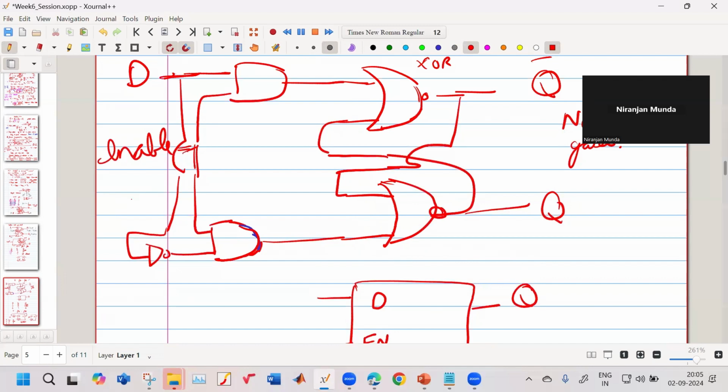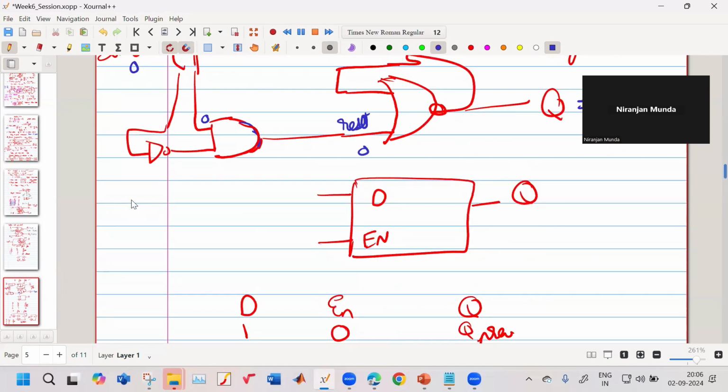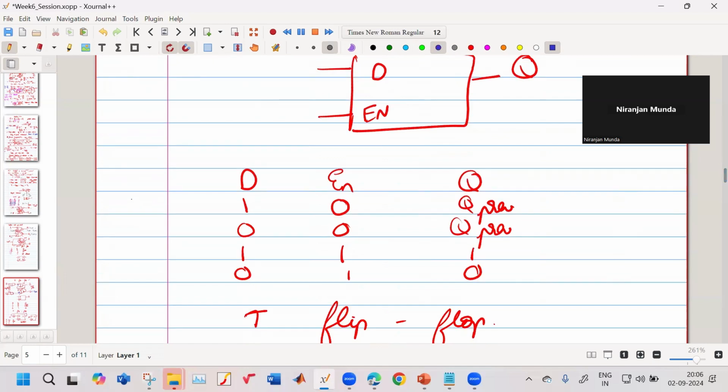Okay, this is the NOR gate. So what happens is, when my enable is 0, then 0 will come here and 0 will come here. And this will be 0 and this will be 0. So effectively my set and my reset are 0. If my set and my reset are 0, what will be my Q? My Q will be Q previous. Okay. So if enable is 0, which is in the truth table, my Q will be Q previous. If D is 1 or D is 0, my Q will be Q previous.